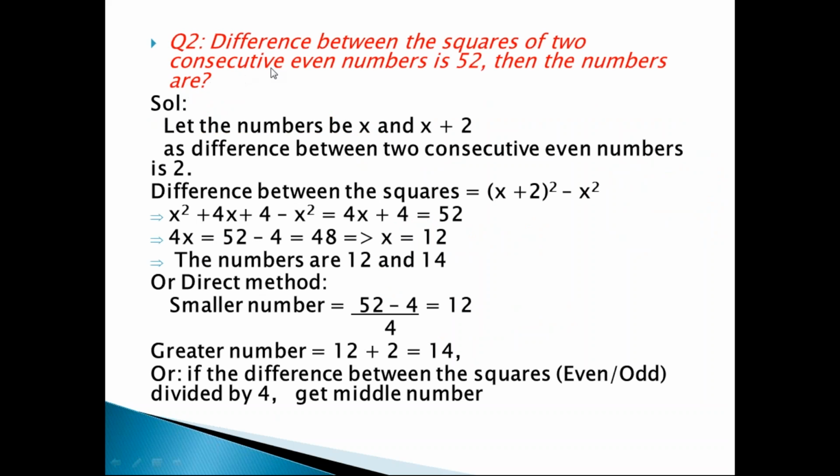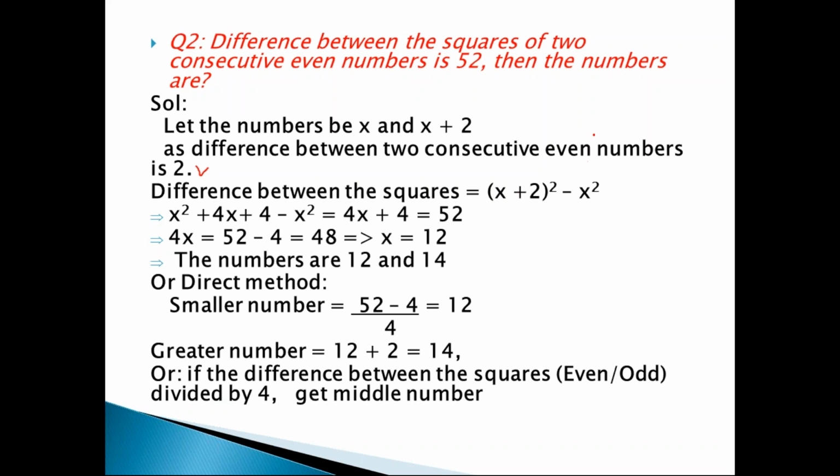Question 2. Difference between the squares of two consecutive even numbers is 52. Then the numbers are. Here let the numbers be x and x plus 2, because the difference between two consecutive even numbers is 2.